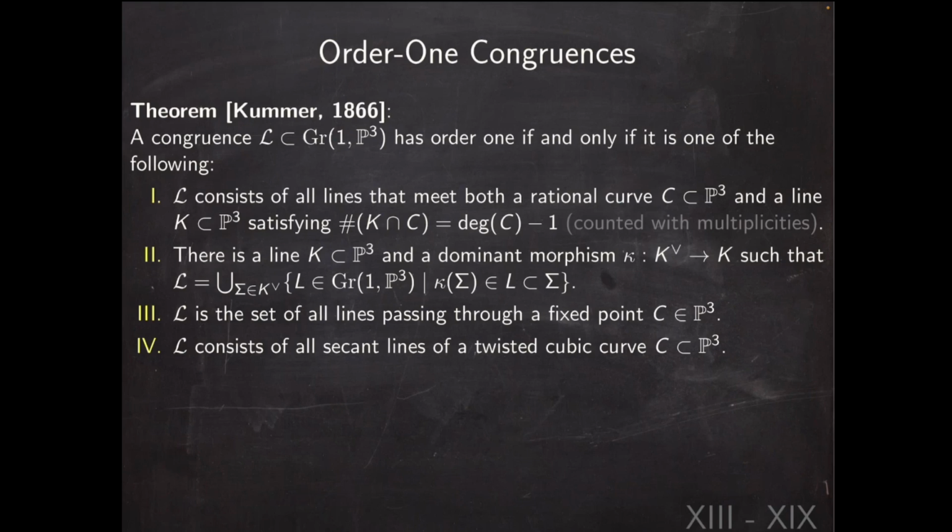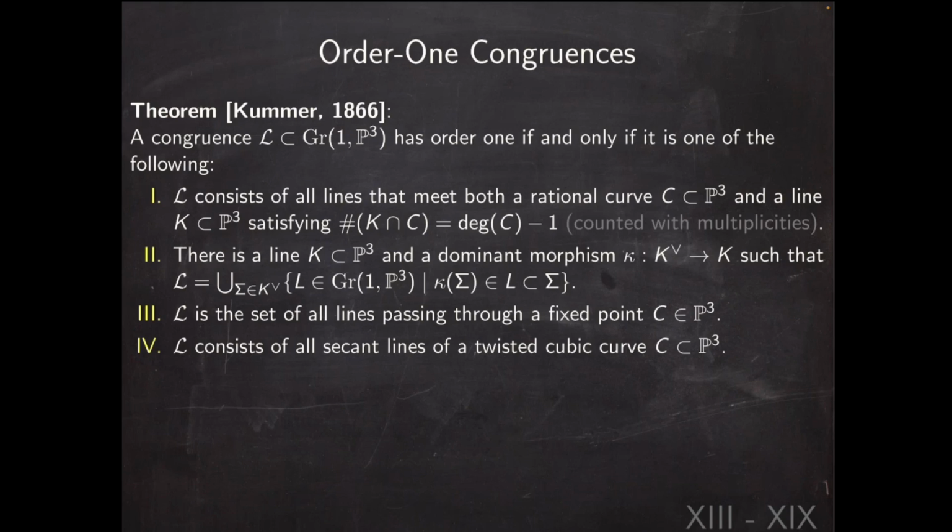The pencils are given by a point on the line K and a plane. So sigma here is a plane containing K, and for each such plane you have kappa of sigma, which is a point on K, and then you consider the pencil of lines passing through that point contained in that plane. You take the union of all of those. In any case, I want to state this theorem for completeness the way it is.